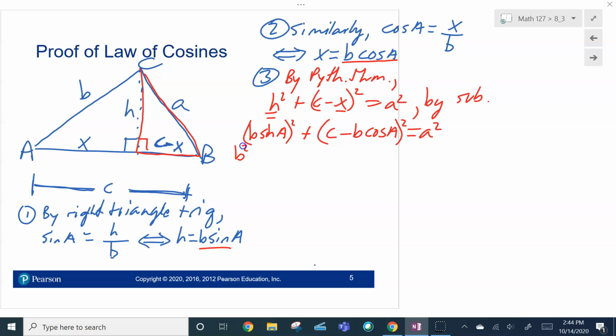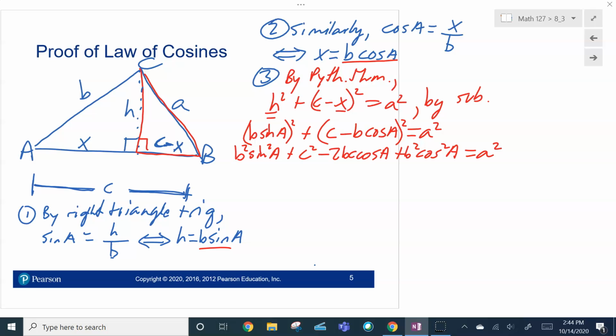So I got b squared sine squared A, plus I'm going to FOIL that: c squared minus 2bc cosine A, plus b squared cosine squared A.